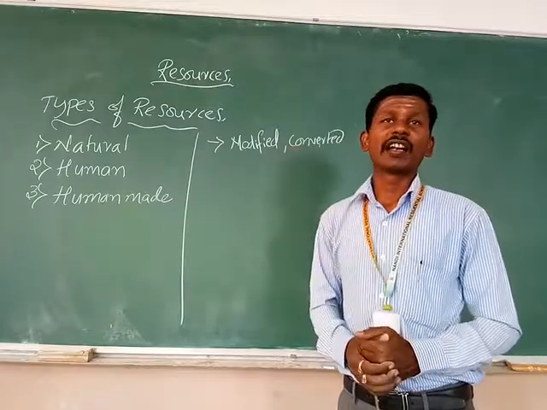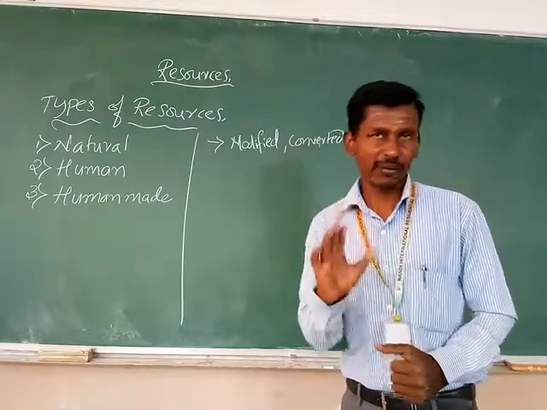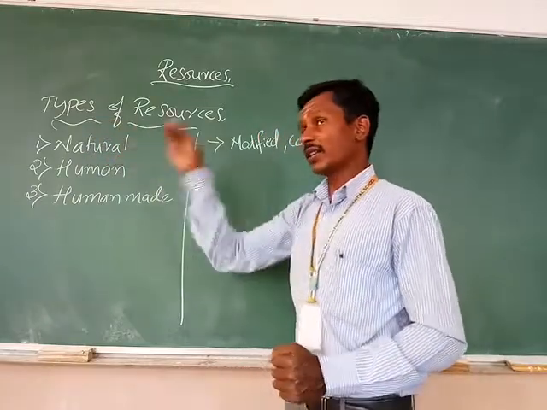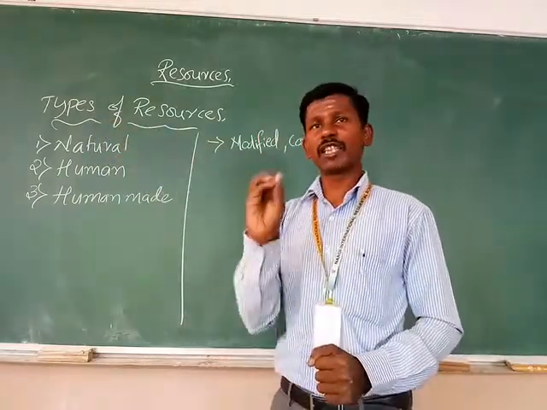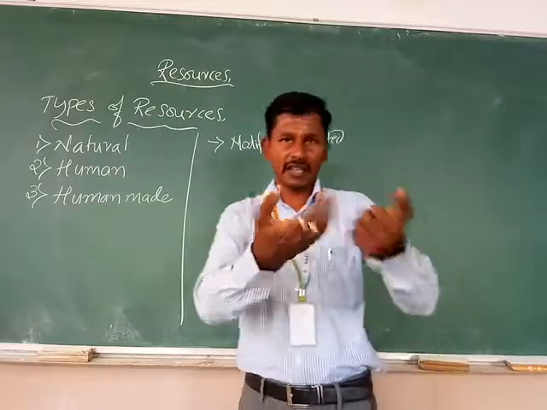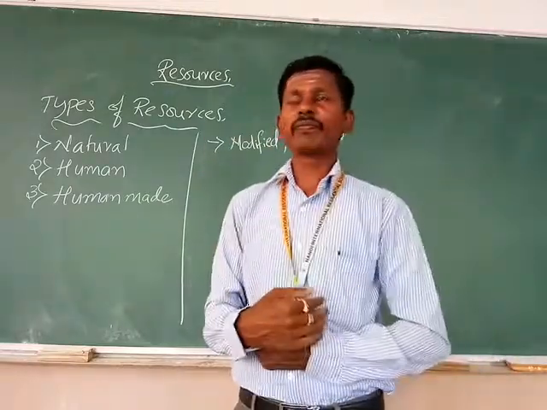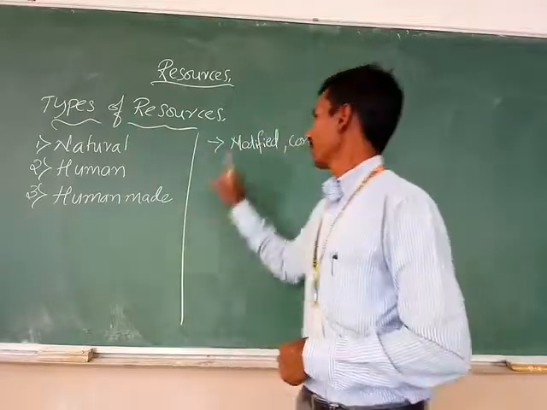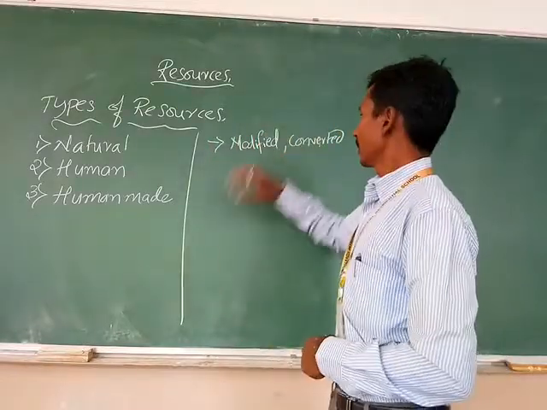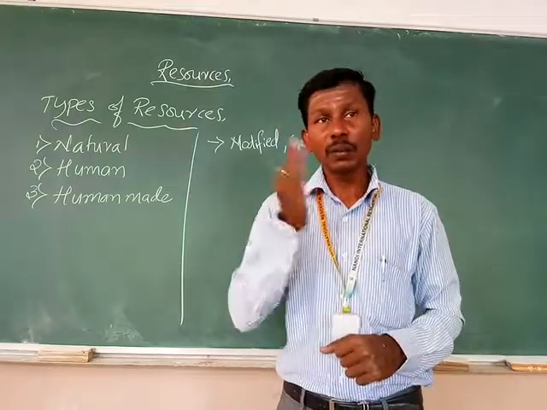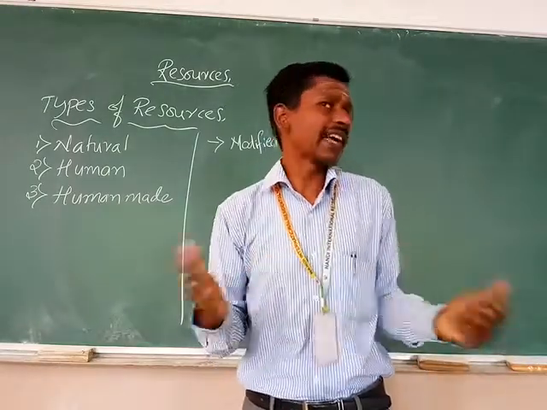They are natural resources. I repeat once again. Natural resources are the things, materials which we obtain, which we take directly from nature and use without much modification or conversion, and they are used in their original form or as it is.